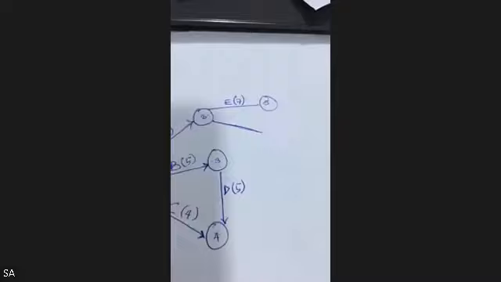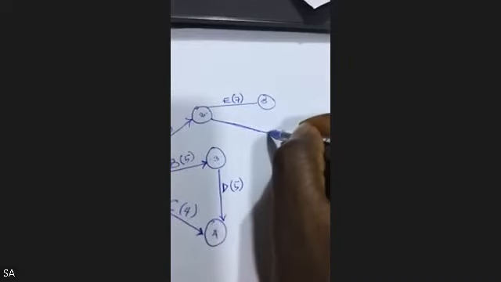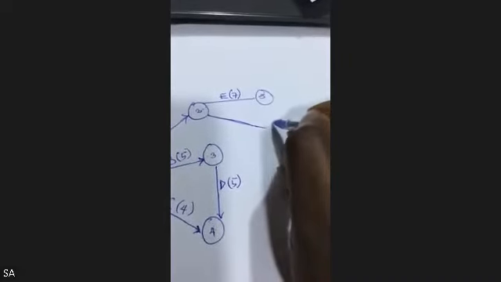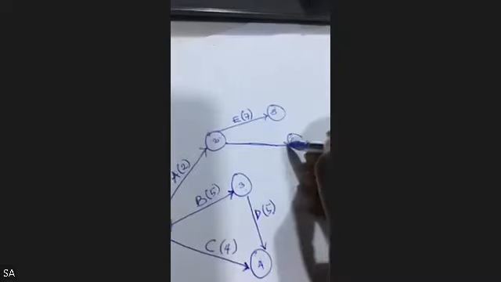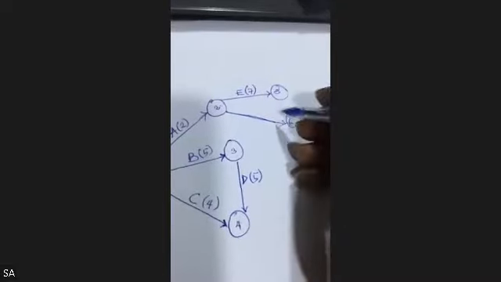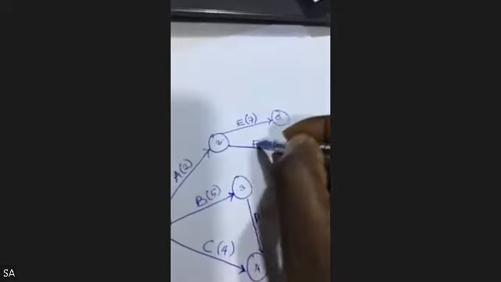This is node 6. Let me put the arrow. This is F. What is the duration for F? The duration for F is 3, so you put the 3 there. So we are done with activity E. We are done with activity F.